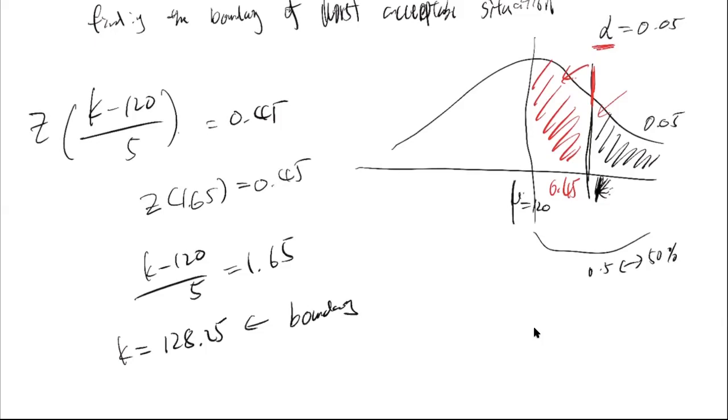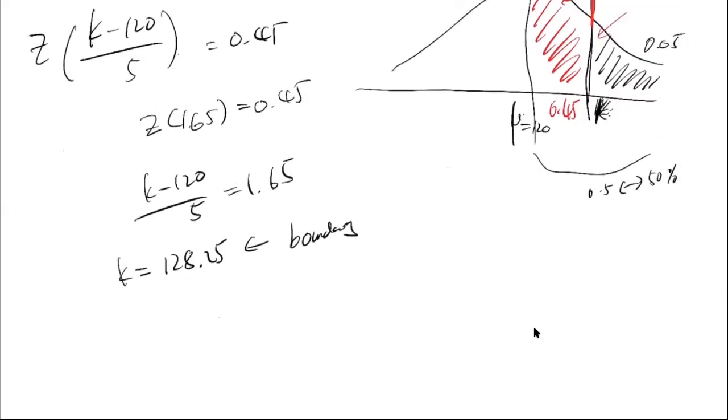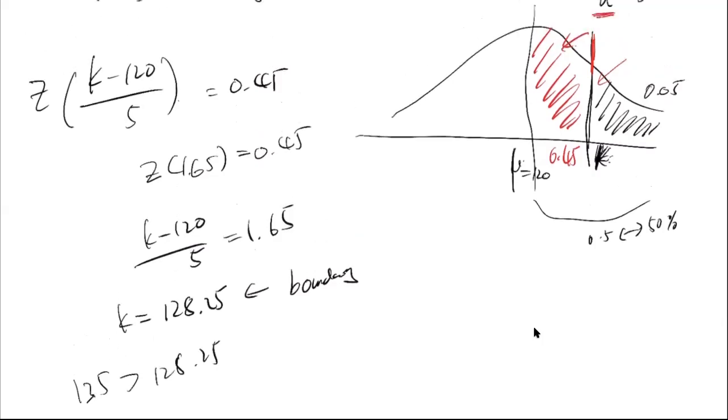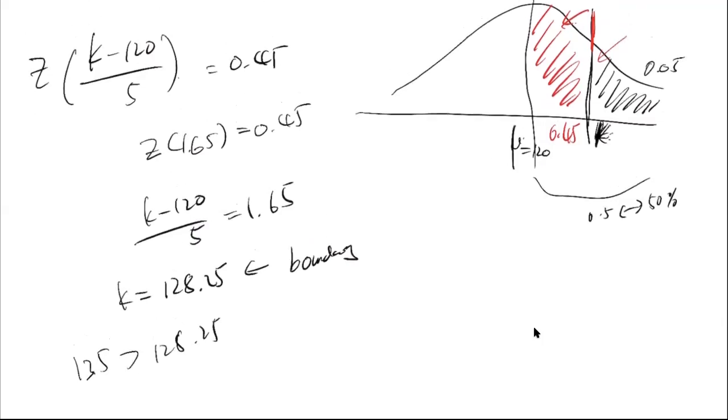So we'll stick with our null hypothesis. In our situation, our measurement for the patient is 135, and that is greater than 128. And that means we can draw the conclusion that the patient has high blood pressure.